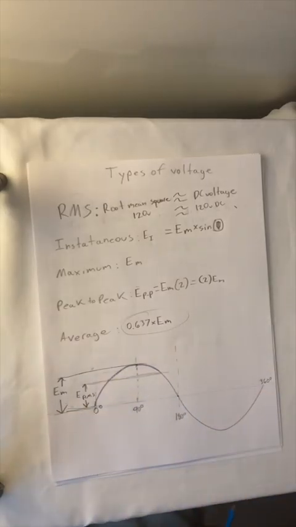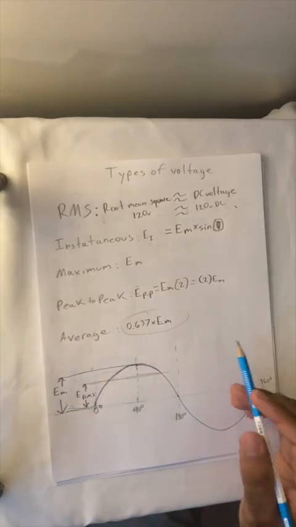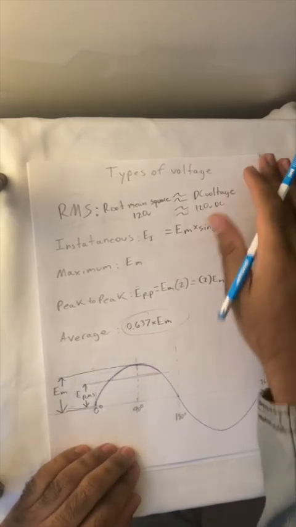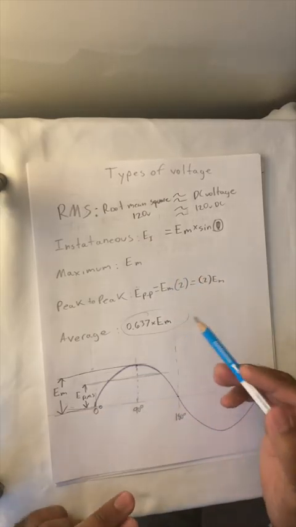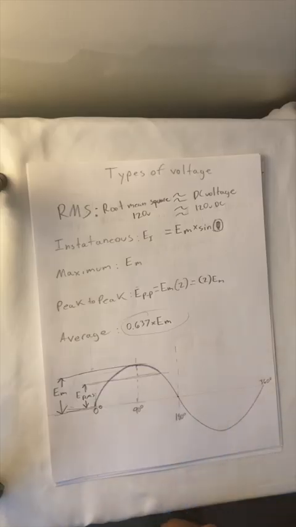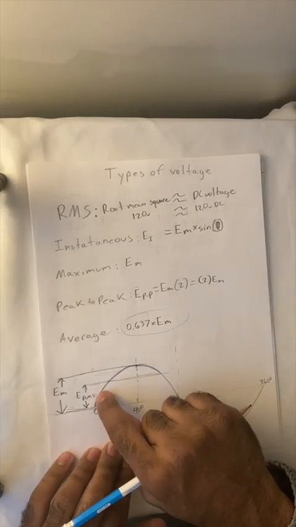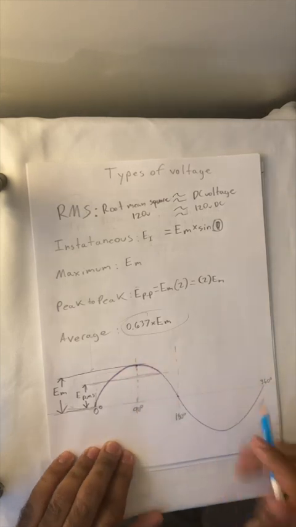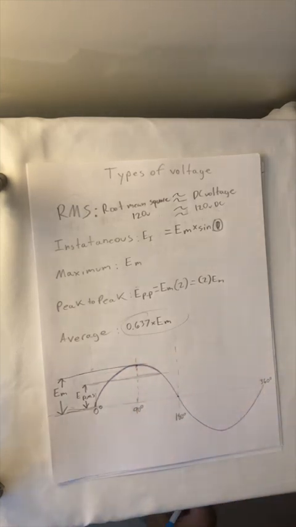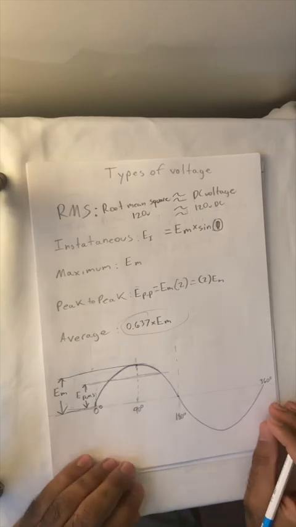The EM is basically the E maximum, and the sine theta is the sine of the angle at which you wish to find the value of voltage at that instant. We will eventually go more into this as the video proceeds, but for now this is pretty much enough.